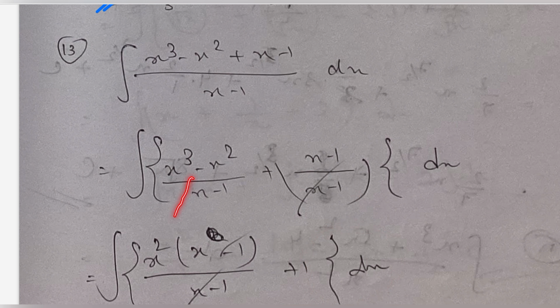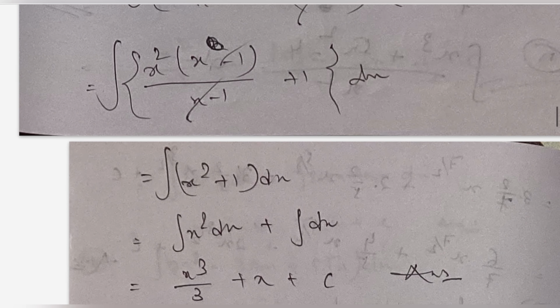In this term, you just take x square common, so in this term x will remain and then you have 1, and then by x minus 1 obviously. So this x minus 1 and this x minus 1 will get cancelled, and then you will have only x square here and 1 here, so x square plus 1.